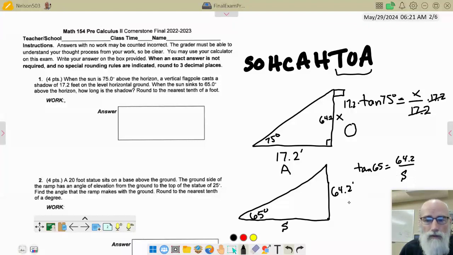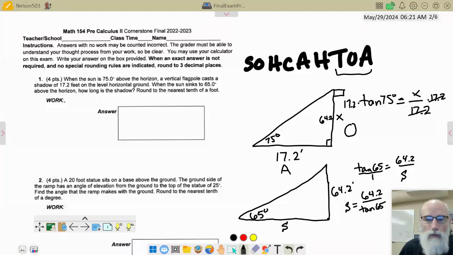We said that this is one situation where you can think about tangent 65 and S switching locations in the proportion. And you might say, there's no proportion here, Nelson. Well, you can think of tangent 65 over 1, right? So you've got a ratio equal to a ratio, and you can switch these two because it's an equivalent proportion.